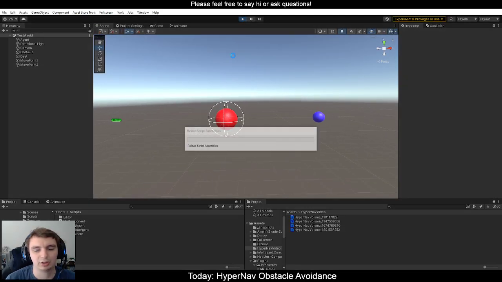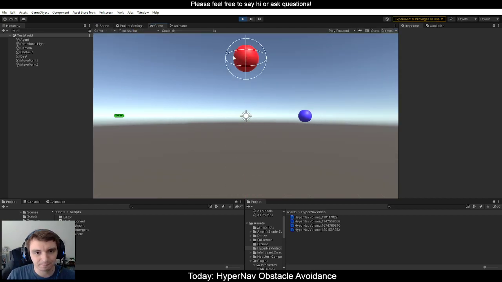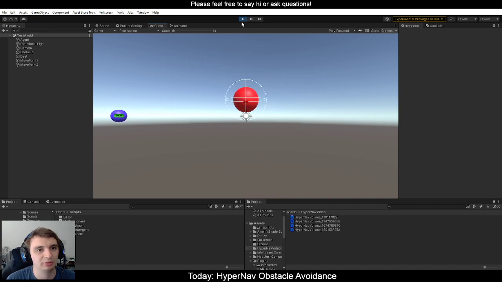All right, let's see how that works. That actually worked. It wasn't always moving at its own speed, though.